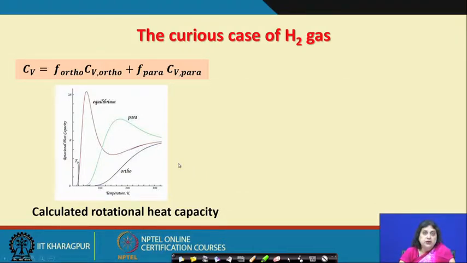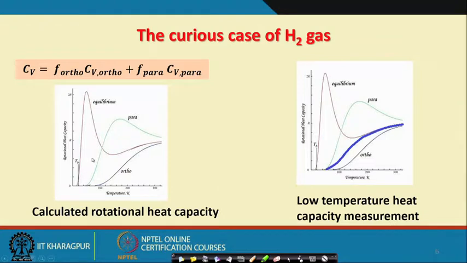But since we know that under realistic conditions, if there is an equilibrium at that temperature between the ortho and para, and especially if we are looking at a very low temperature, then for this equilibrium mixture, it can be very easily calculated that this is going to represent the variation of CV for the equilibrium mixture.